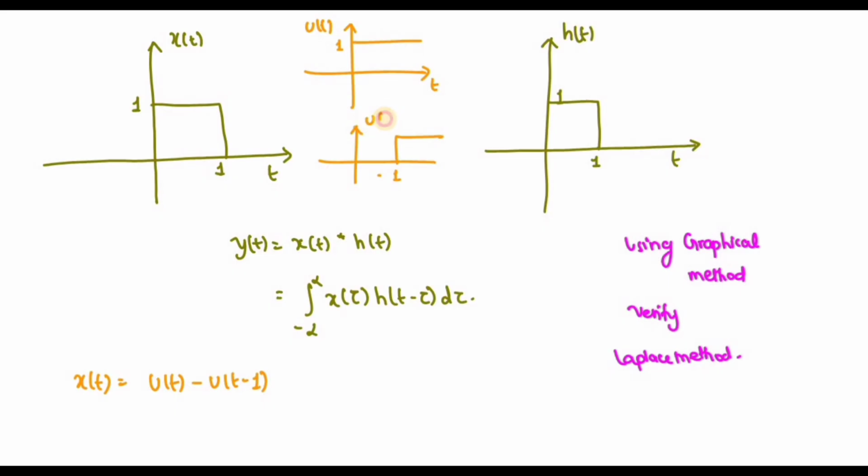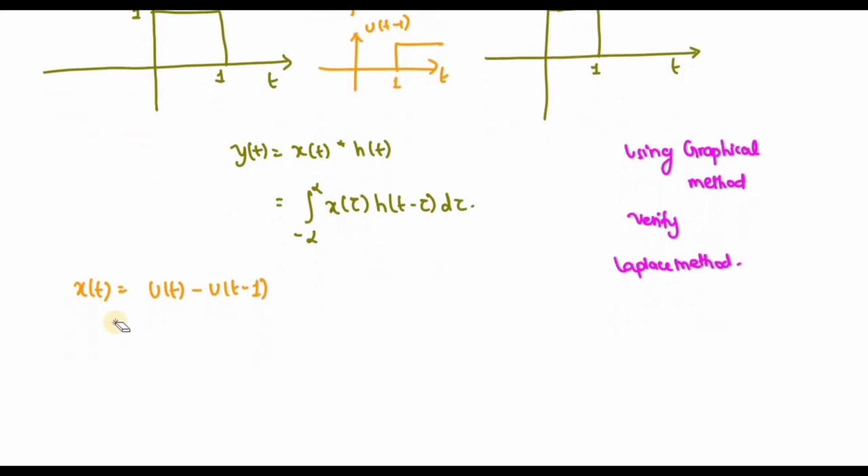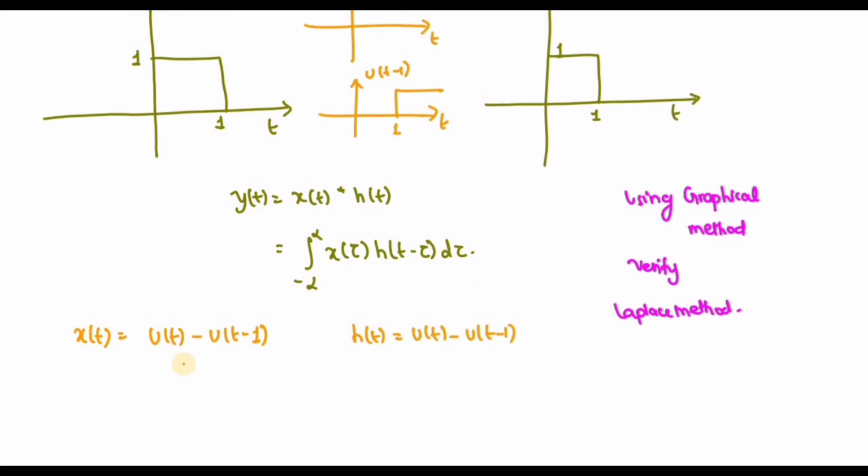So if I subtract, you will get this type of waveform. Similarly I can write h of t also the same value, u of t minus u of t minus 1, since both values are same.